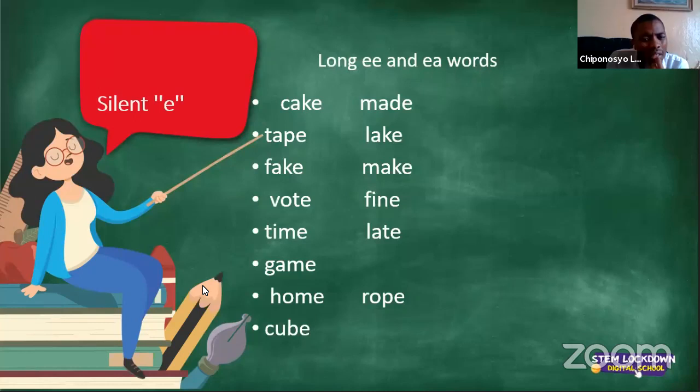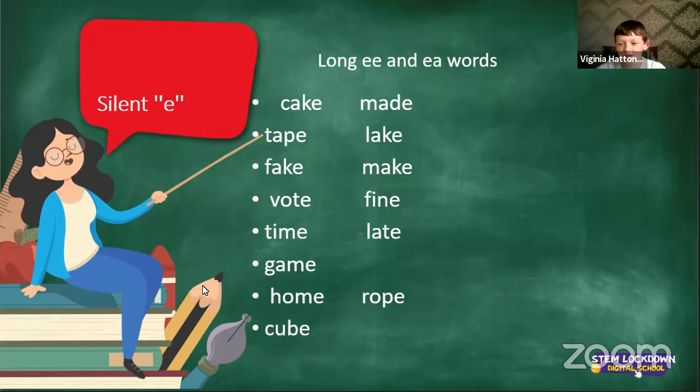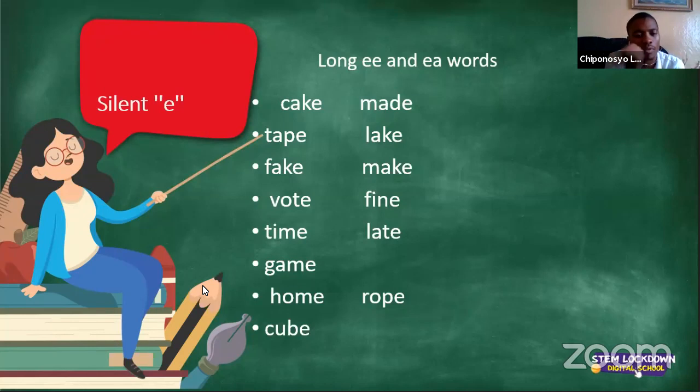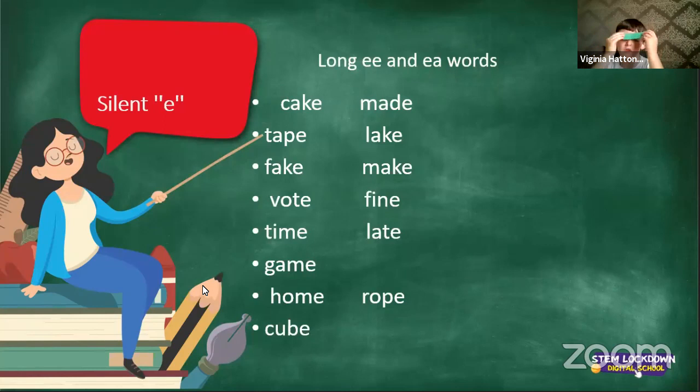Oh, tape. I thought it's a type. It's tape. You know tape? Like sellotape, the one you use to cover your books. It's tape. Type is T-Y-P-E. That's type. All right.